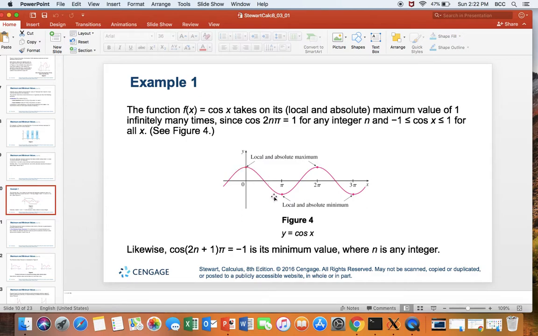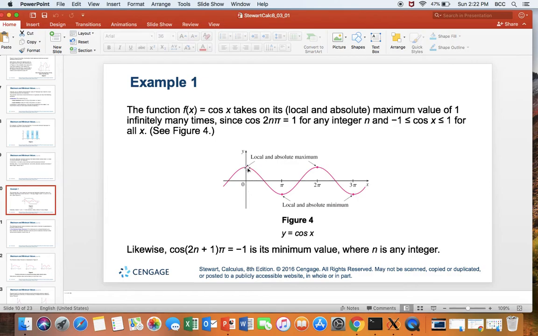Likewise, this height, -1, is an absolute minimum as well as a local minimum. So what are they saying here? f of x equals cosine x takes on a local and absolute maximum value of 1 infinitely many times.